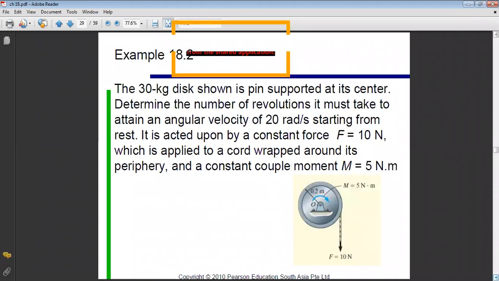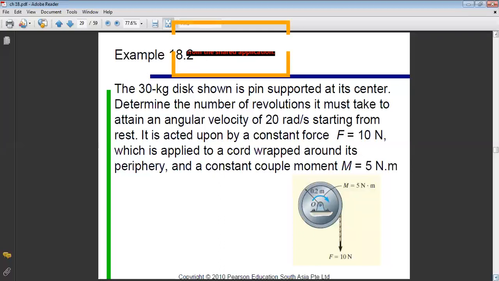The 30 kilogram disc shown is pin supported at its center. Determine the number of revolutions it must take to attain an angular velocity of 20 radians per second starting from rest. It is acted upon by a constant force F, which is applied to a cord wrapped around its periphery, and a constant couple moment of 5 Newton meters.